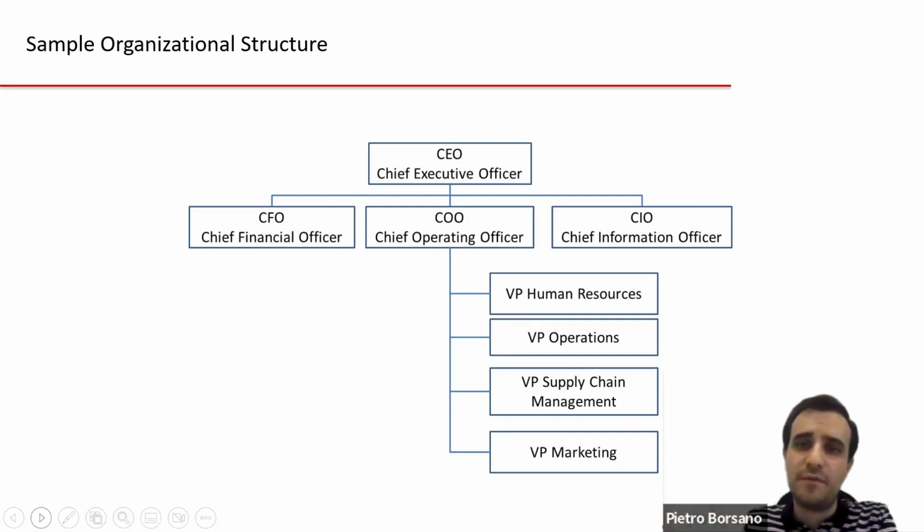We have a chief information officer and a chief operating officer. Reporting to the chief operating officer, there will be the human resources department, the operations, the supply chain, the marketing, the business development, and so on. This organizational structure is to ensure that there is cohesion and consistency among operations and the other business departments of the organization.